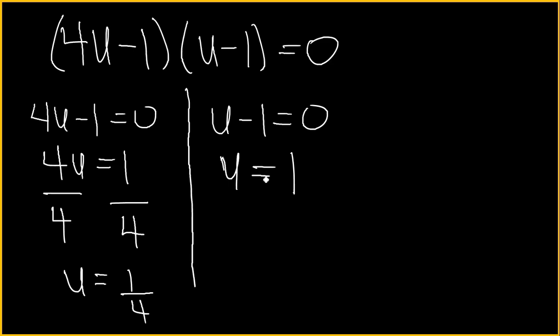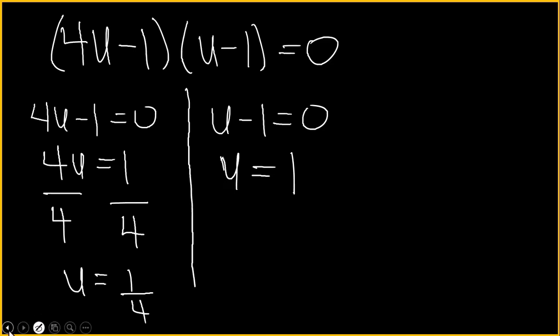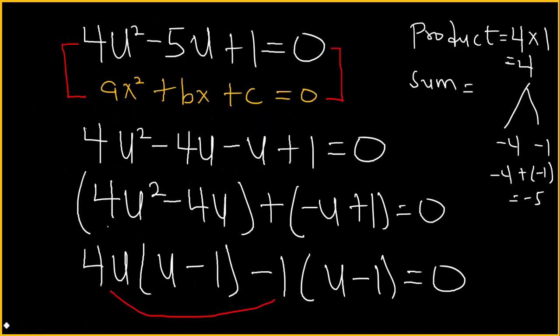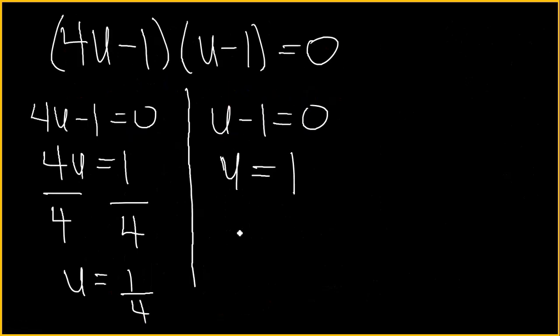But from the question, we were asked to find x, but not u. So let's move back to where x was set to the variable u. Anywhere we find u, we are replacing it with 2 raised to the power x. We said let u be equal to 2 raised to the power x.